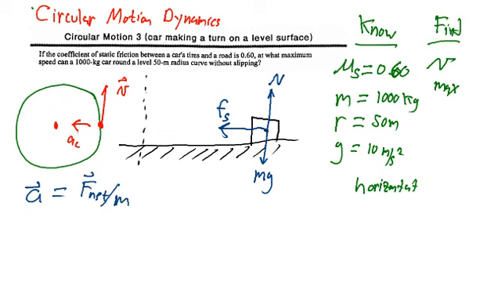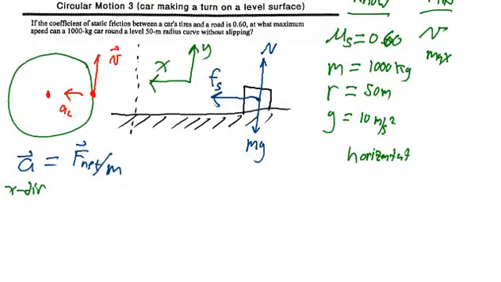And I better put a coordinate system in this side view so I get my directions right. So let's call the y direction up, and let's call the x direction pointing towards the center of the circle. Alright, so if I solve Newton's second law in the x direction, then that would tell me that a sub c would equal the net force in the x direction divided by the mass.